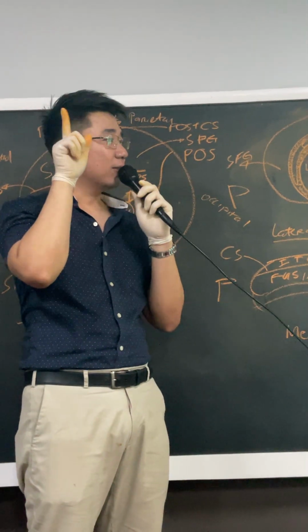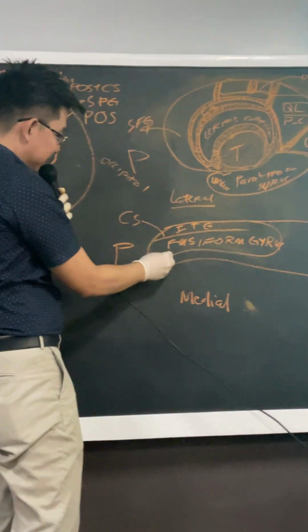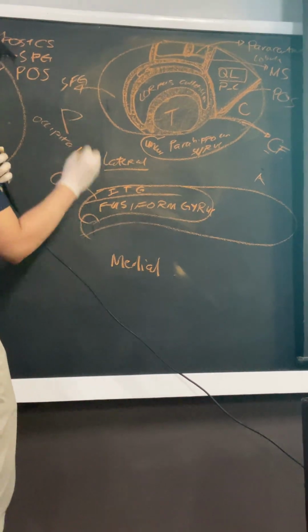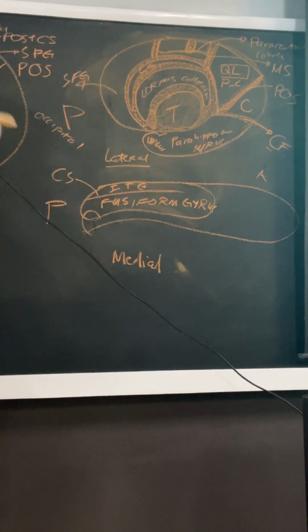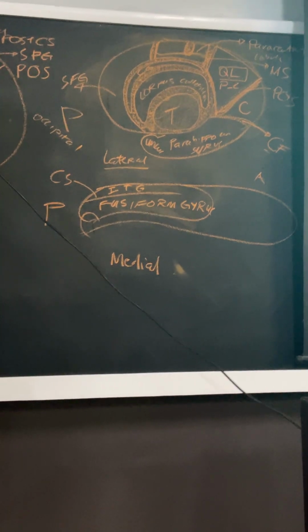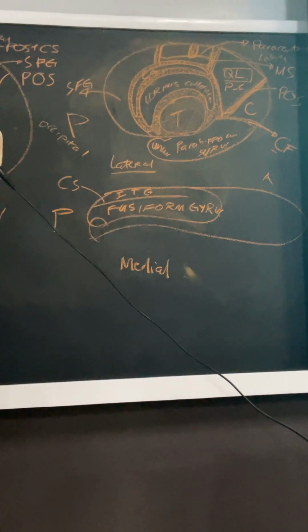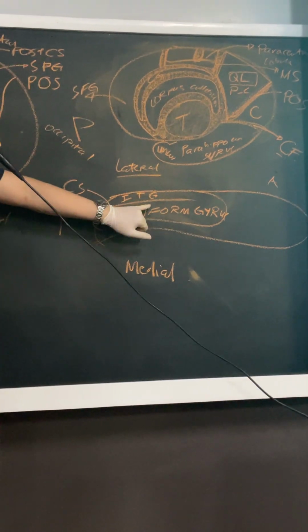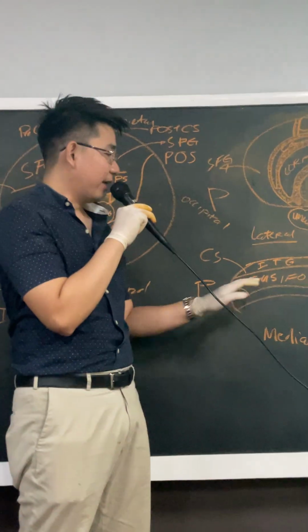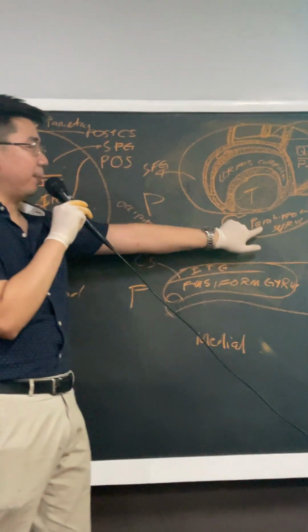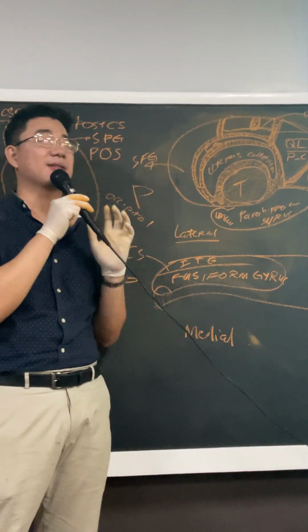The parieto-occipital gyrus is actually located just behind the fusiform gyrus. But in this form, if I tag this gyrus, it's known as the fusiform gyrus. And then after that will be your parahippocampal gyrus and uncus.